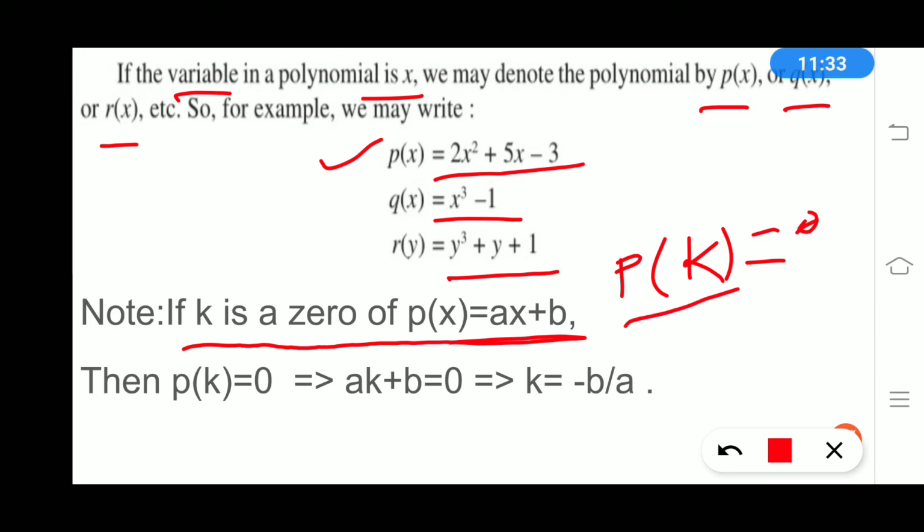So if p of k equals 0, that means ak plus b equals 0. So k equal to minus b by a. That means k equal to minus b by a is a zero of the polynomial p of x equal to ax plus b. Okay, clear everything?